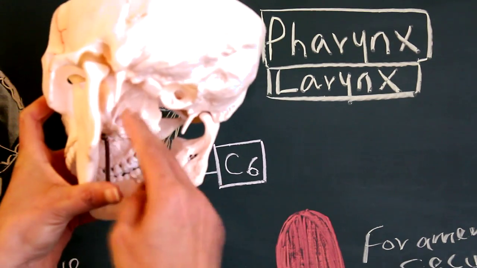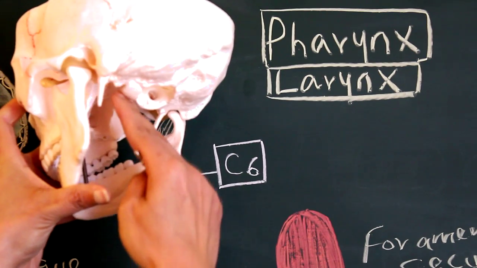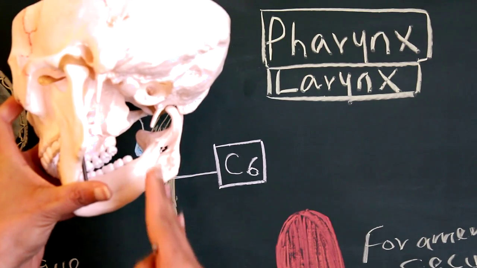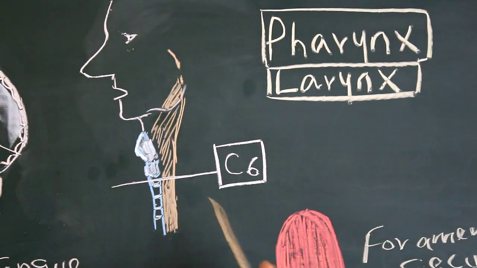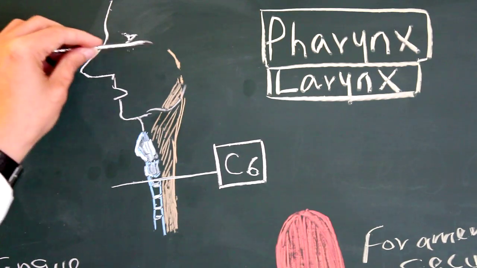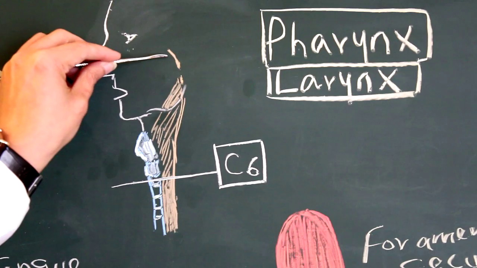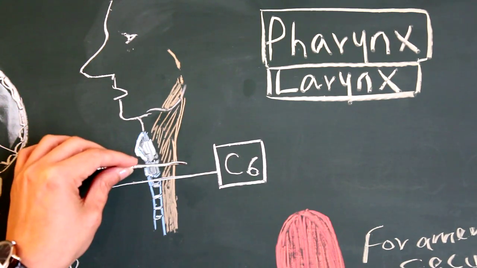So the pharynx starts from the base of the skull behind the nasal and the oral cavity, and it just comes down as a muscular tube and ends at the level of 6th cervical vertebra. Okay, so pharynx, a 5 inches long fibromuscular tube, starts from the base of the skull and terminates at the level of 6th cervical vertebra.